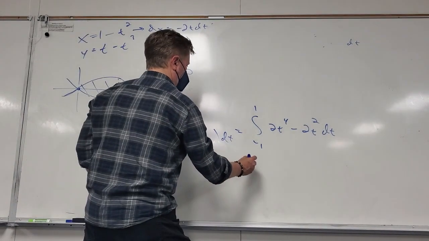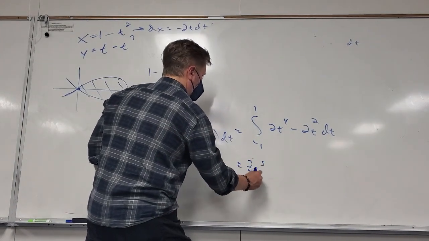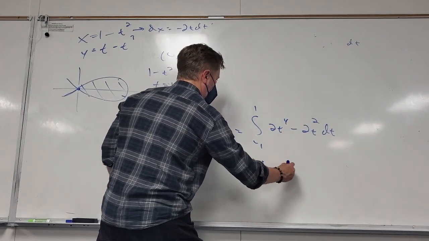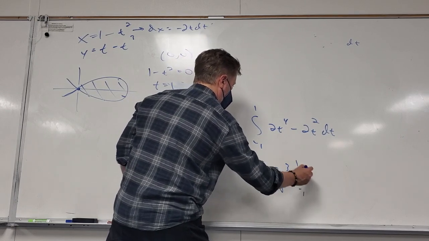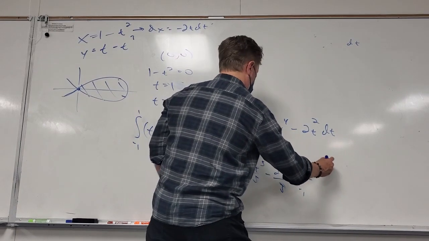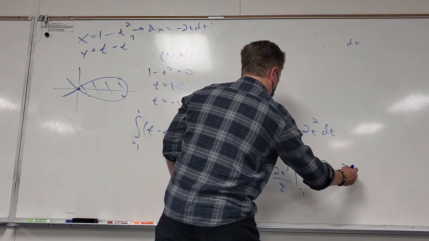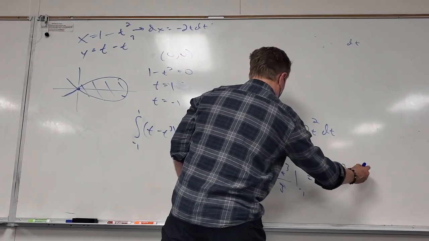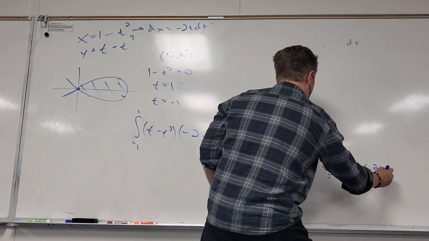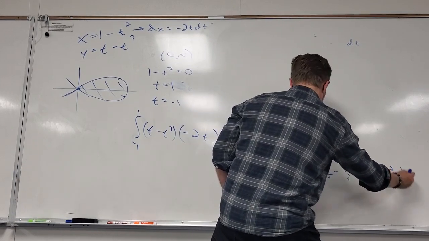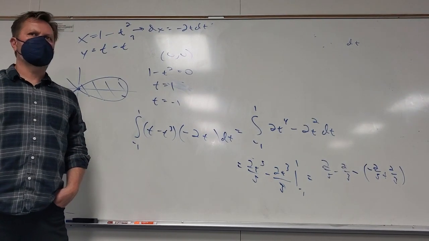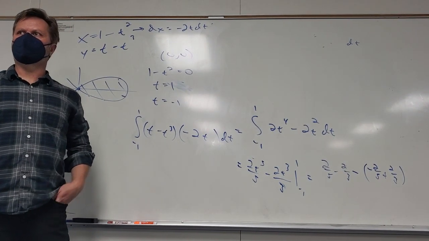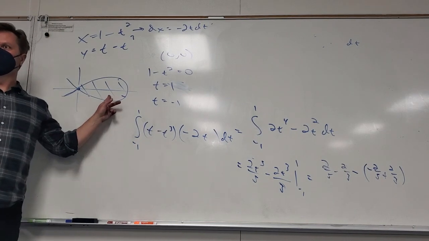This should be pretty simple. 2t to the 5th over 5 minus 2t cubed over 3 from -1 to 1. So I get 2/5 minus 2/3 minus -2/5 plus 2/3. Right? So some of you guys might realize there was a shortcut here, and of course there's symmetry here, yes?